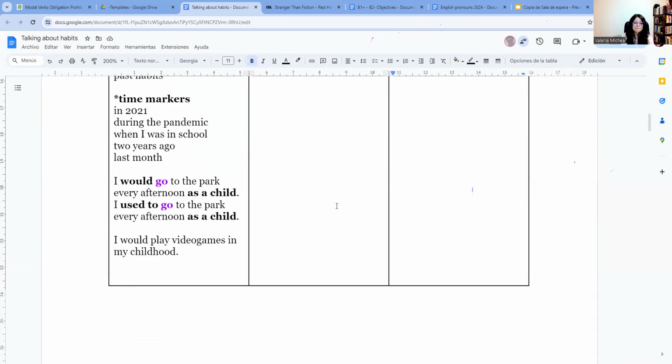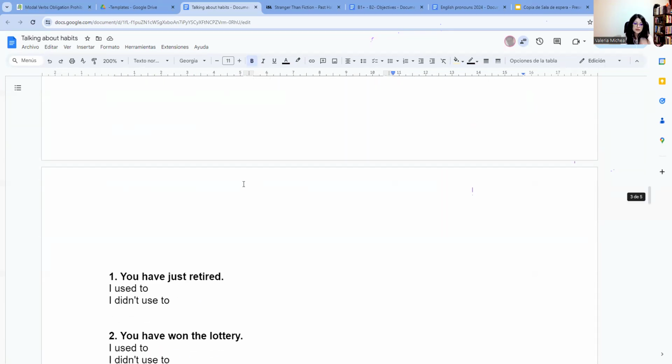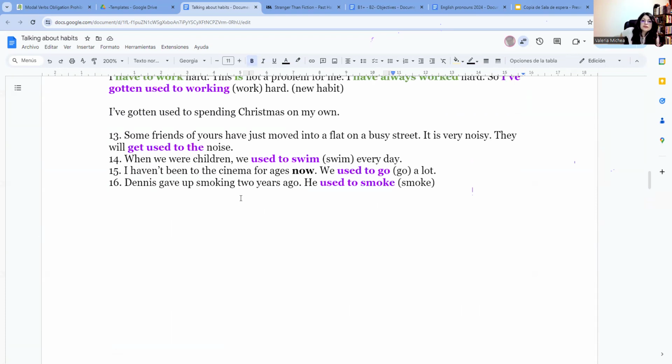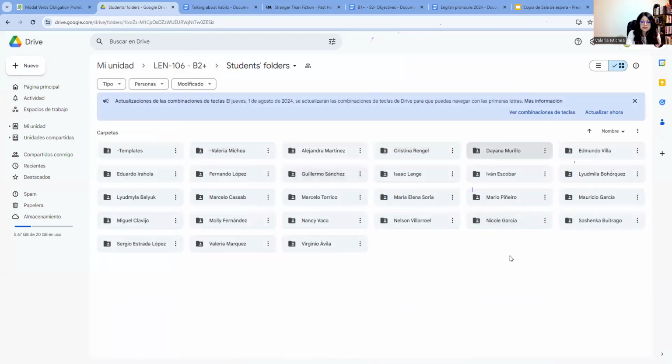Now, yes, of course, I'm going to share it. I'm going to copy it in all of your personal folders, like the previous document that we used last class. Although, if you want to see it right now, it's in the student folders that I have shared with you.